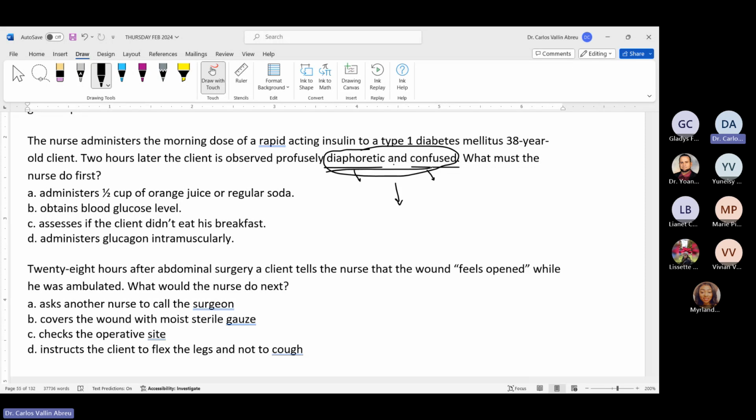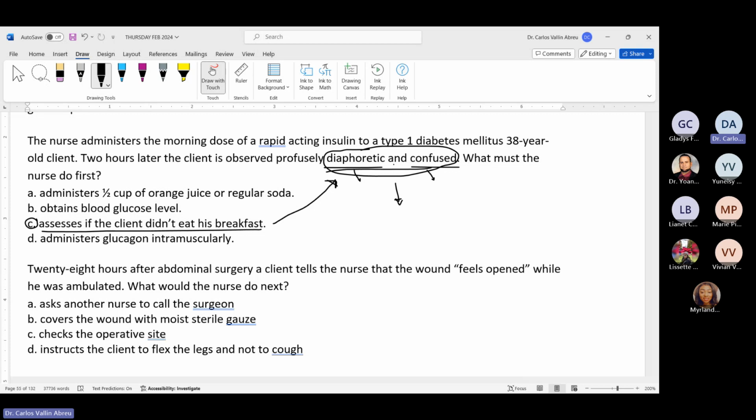Nothing is going to happen in these 1, 2, 3, 4, 5 minutes that we delay the administration of orange juice to a client, for example, while we determine the blood sugar. So the right answer of this question is C, do the assessment necessary to confirm objectively what we suspect, that the client is having hypoglycemia.